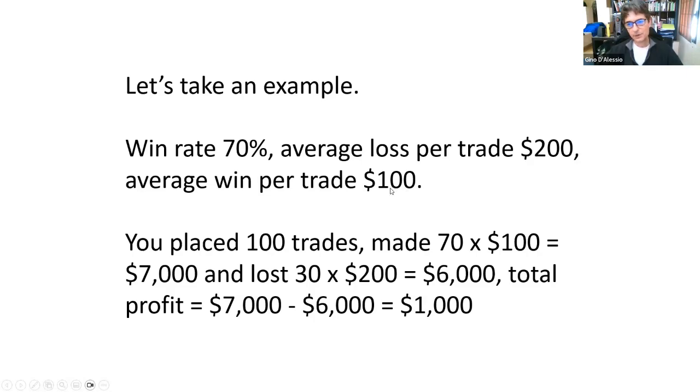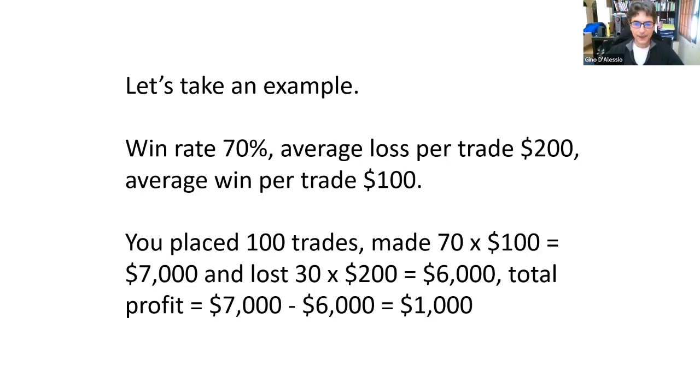So what happens when the average loss per trade is decreased? This can be achieved by reducing the stop loss, meaning reducing the amount of money you're willing to risk on each trade.